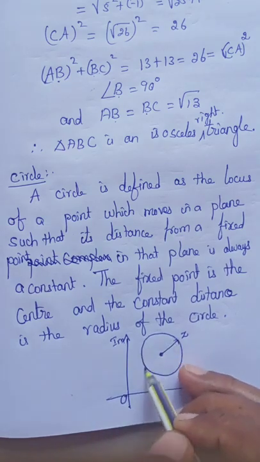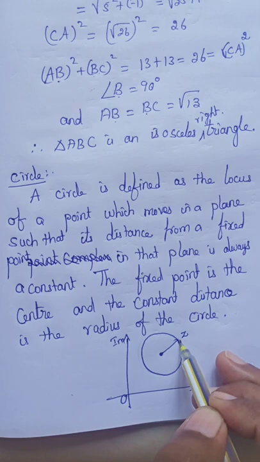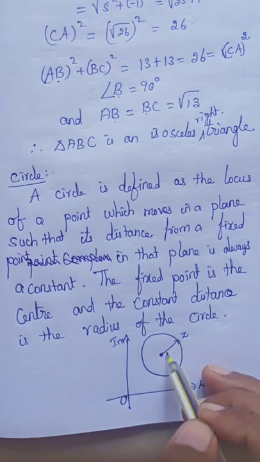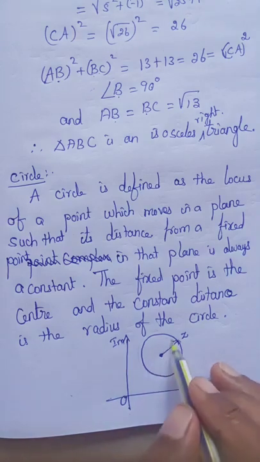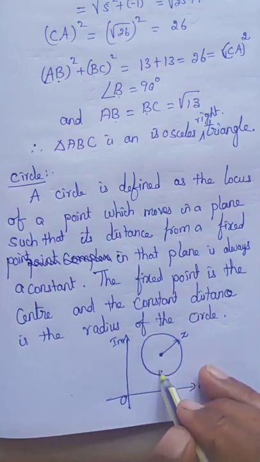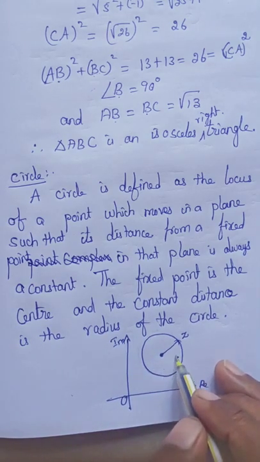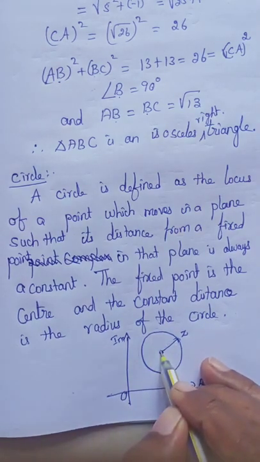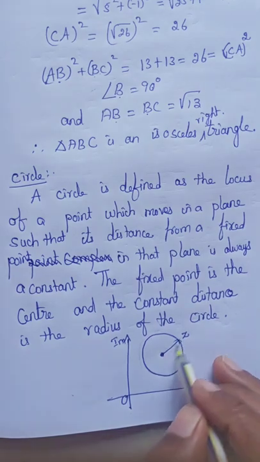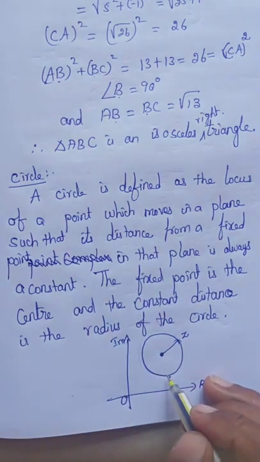When we move, we have got a circle. So the fixed point is called the center and this constant distance is called the radius.